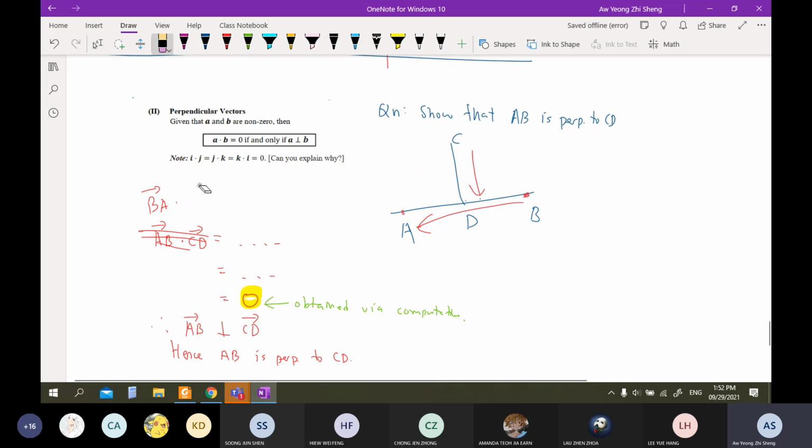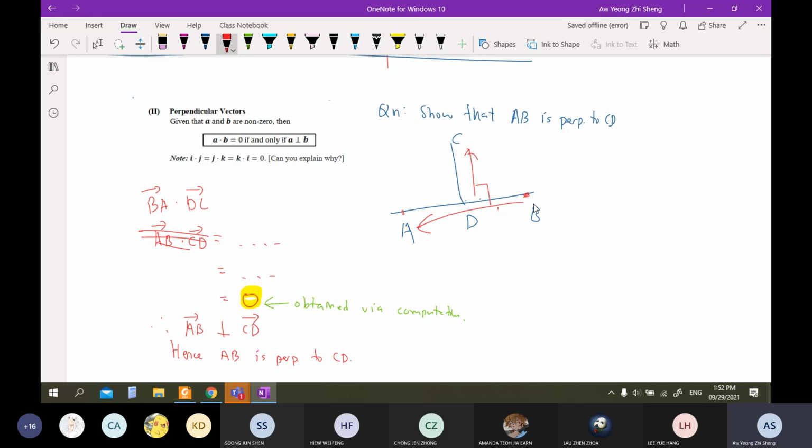If I don't like to use CD, can I use DC? Also can. So if these two red color arrows are perpendicular, then of course the two blue lines are also perpendicular. Right. So you have a bit of flexibility here in terms of the vectors used.